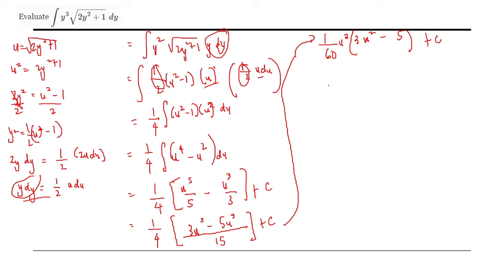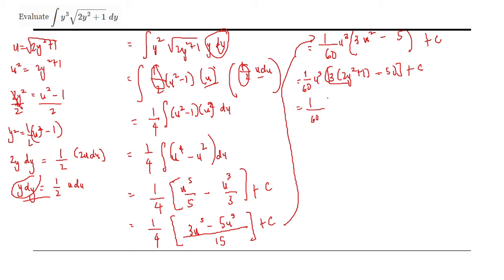What we are going to do next is bring this back to its original variable, which is y. So 1 over 60 u cubed times 3, then u squared is just 2y squared plus 1, right? Minus 5. So there you go. Plus c. Simplify, that's 1 over 60.